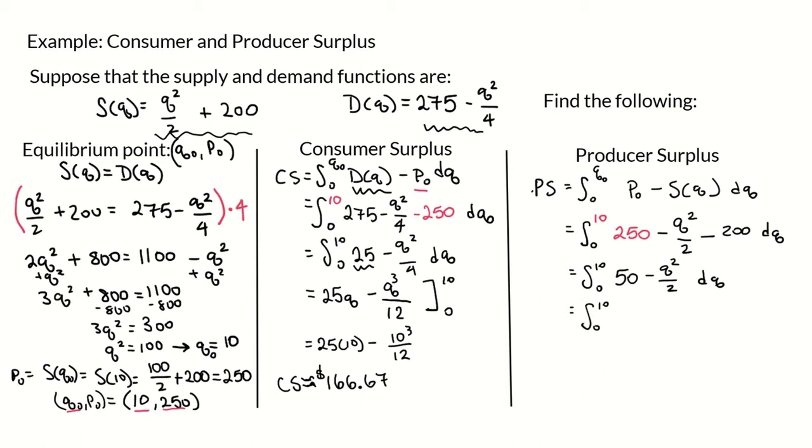Actually, let's evaluate the integral. Integral of 50 would be 50q since it's a constant, and then for q squared, add 1 to the power, q to the third, divide by the new power of 3, and then we have that 2 in the denominator. Evaluating this from 0 to 10. And I'm going to simplify that 3 times 2 in the denominator to 6.